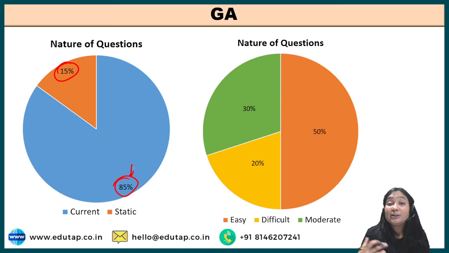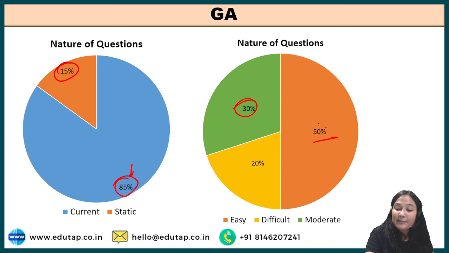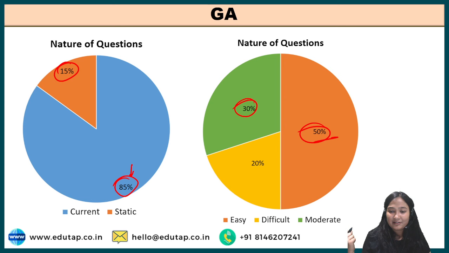Now talking about the difficulty level. Here the questions are basically moderate to easier in level, about 80%. What do I mean by that? When I talk about the easy level, it means that you read the line and you are able to get the question. That is the easiest level.